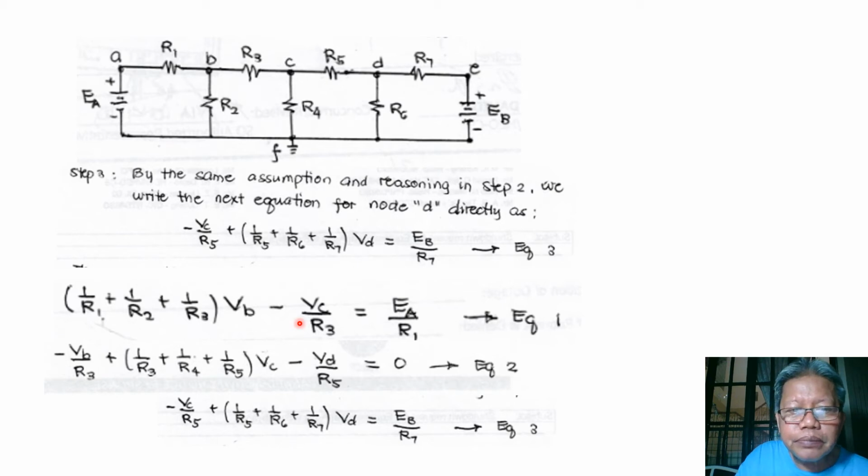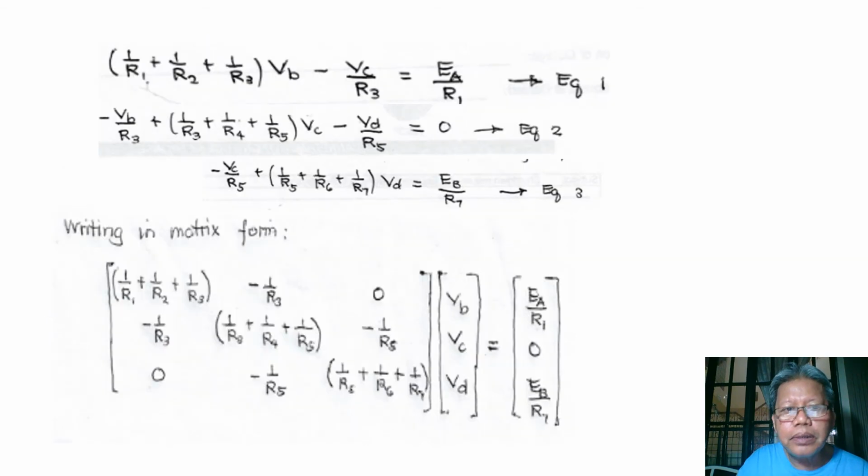Now, having obtained these node equations, it would be better to write them in matrix form, because it would look simpler. So if these are our node equations, then writing in matrix form, we write first the unknown voltage matrix.